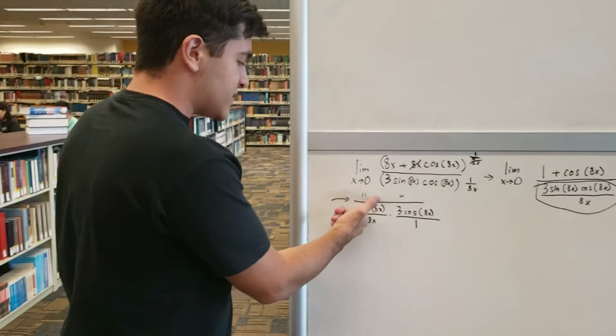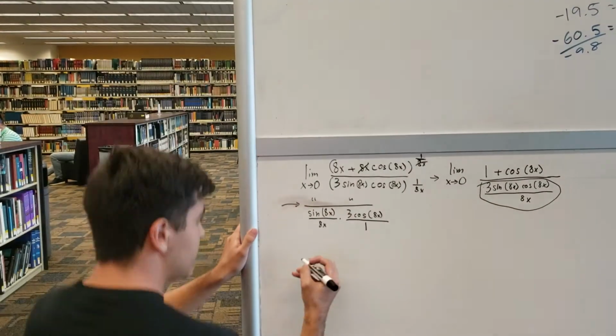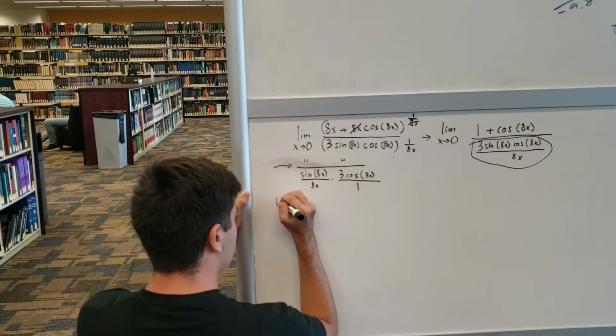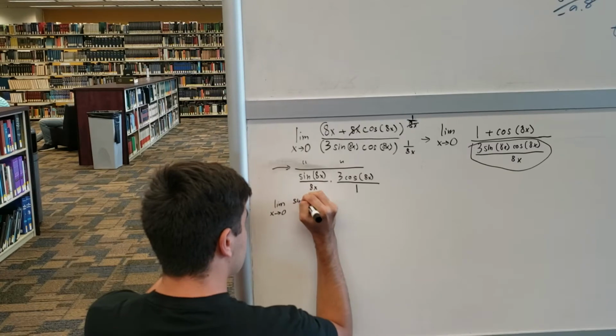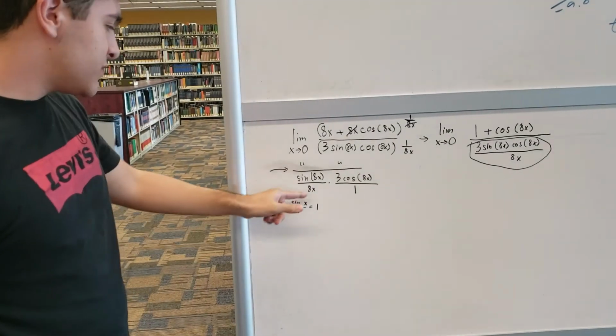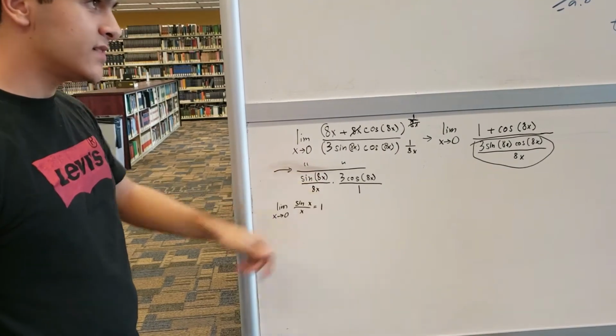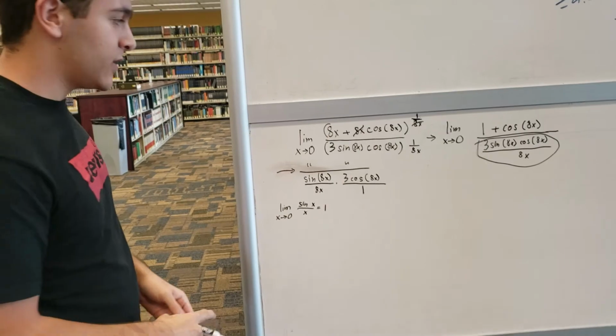So notice how we have sine of 8x over 8x. And one of the trig identities we can use is this one now. Even though it doesn't say sine of x over x, it says sine of 8x over 8x, it's the same thing. We can still use that, okay?